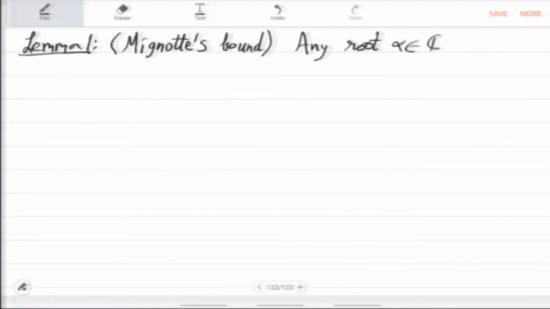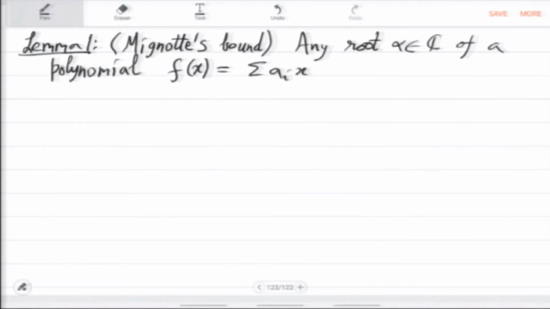Any complex root alpha of a polynomial f(x), where the a_i are the coefficients, and there are n plus 1 of them, degree is n, and these are all integers.